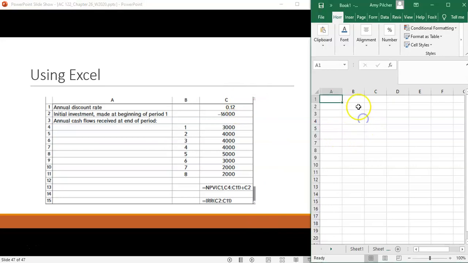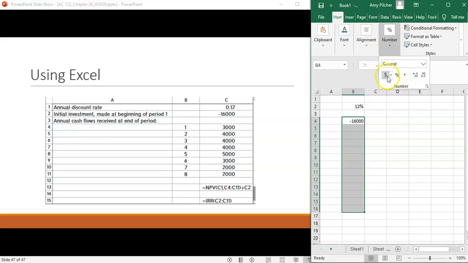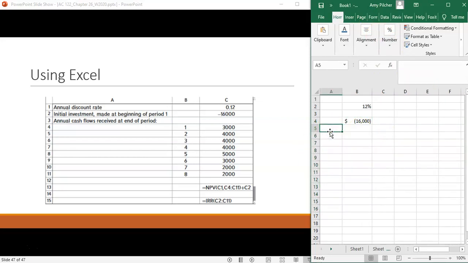So if we set up our Excel table, we have our cash flows, and as I said, you want your initial cash flow to be a negative number. And then this project lasts 8 years.